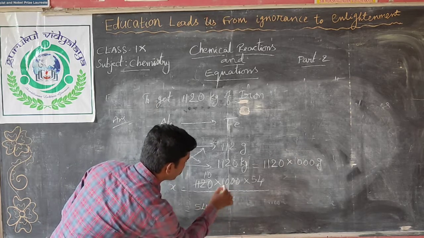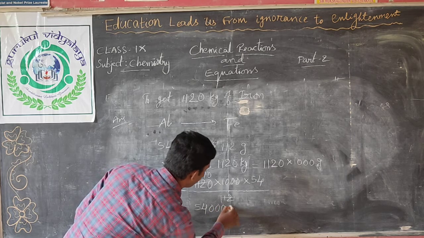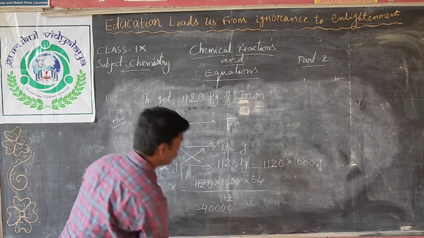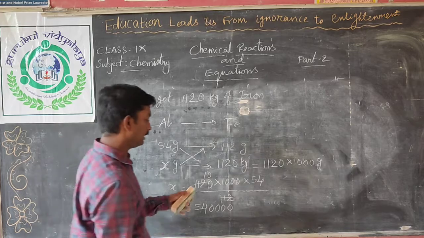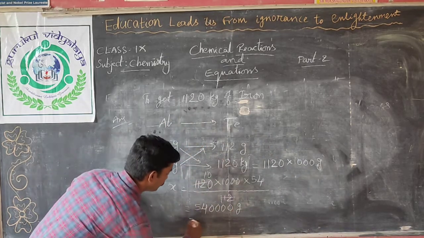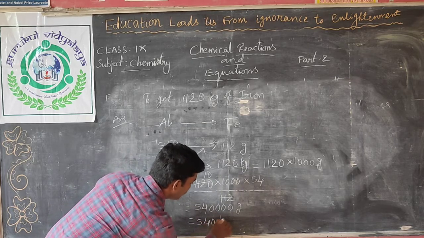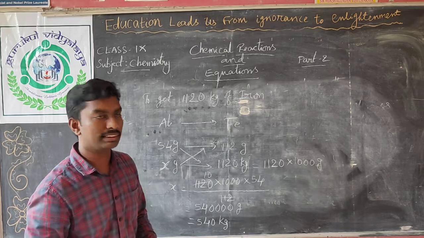5,40,000. This is in the form of grams. To convert this into kg, it is 540 kg. So did you understand?